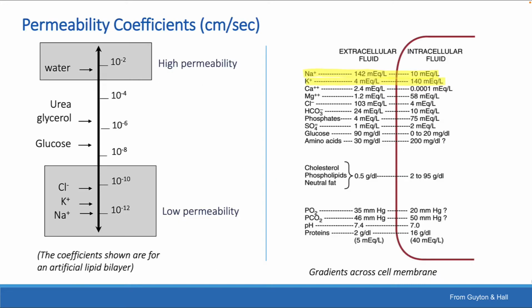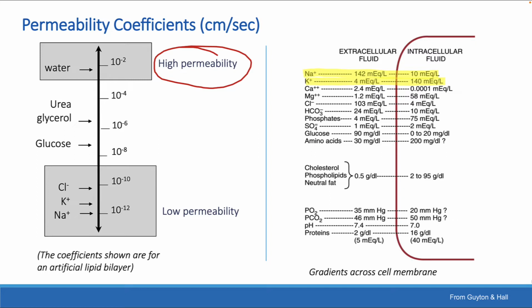Now, I don't want you to get all freaked out here and worry that you have to memorize this. There's two important things that I want you to take from this slide. The first thing is I want you to see that there's different permeability that each of these substances have through that membrane. Water has a very high permeability. So water is able to easily go across that membrane.